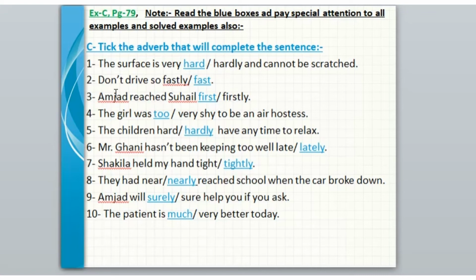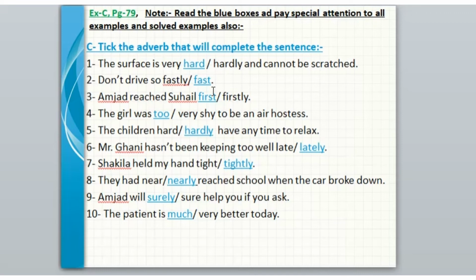Number 3, Amjad reached Suhail first or firstly? Yes, Amjad reached Suhail first. So you will put a tick on top of first. Firstly is the wrong adverb. It can't come here like this. So students, in your books, number 3 is actually mentioned in the wrong way.